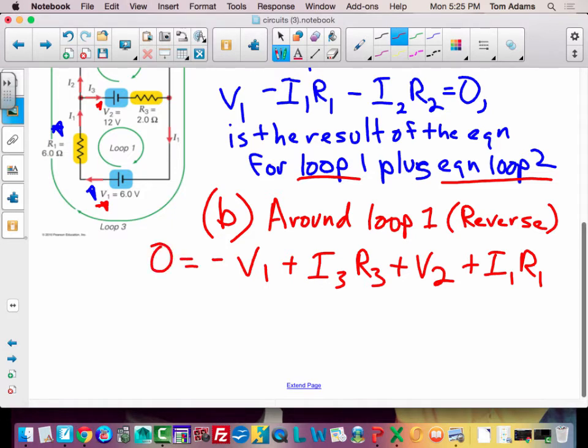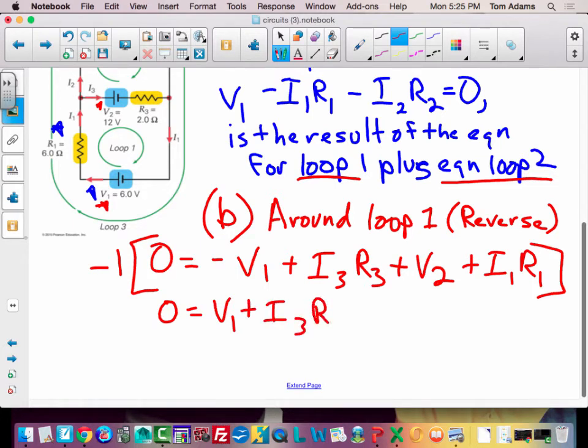And then if we multiply both sides by -1, in other words, if I take this whole thing and multiply it by a -1, this will be like forward, like we're reversing it, I would end up with 0 is equal to V1 plus I3 R3 plus V2 plus I1 R1. And so this is like going forward. Okay. So this is just loop 1.